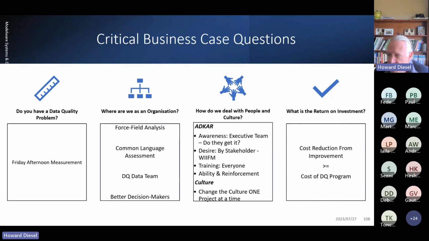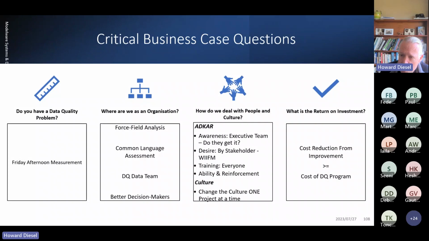You're not going to generate a lot of revenue with data quality, but you are going to reduce the costs. So are we getting enough cost reduction to offset the cost of the data quality program? Okay. Is that something, and how close can we get to that definition? So that to me is really important from a data quality point of view.